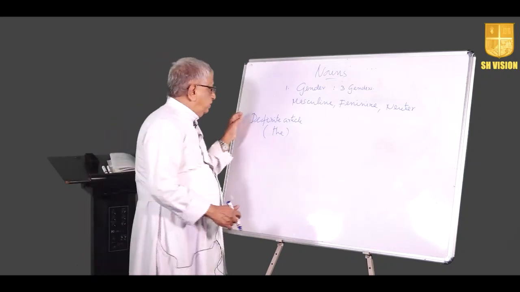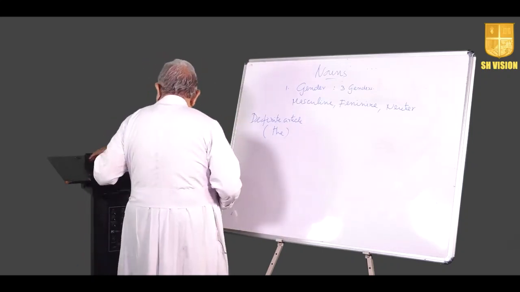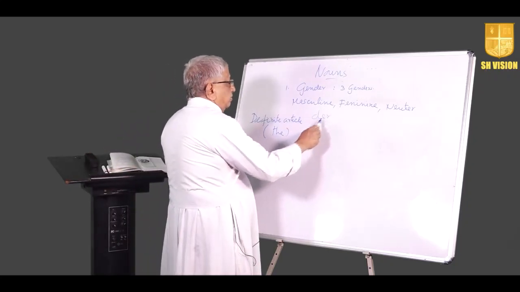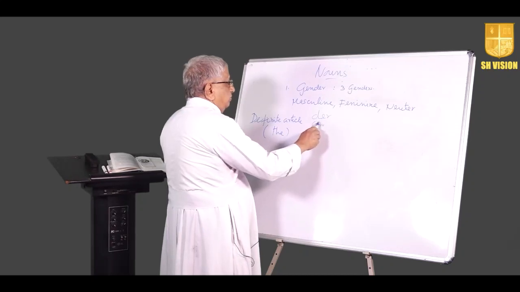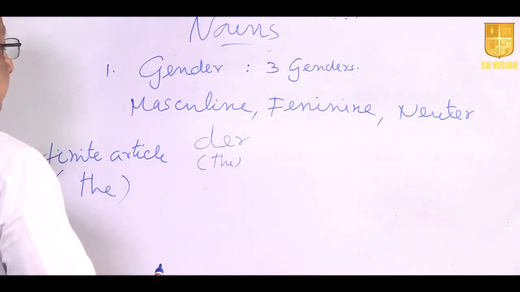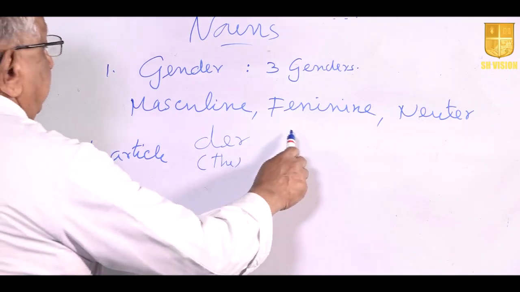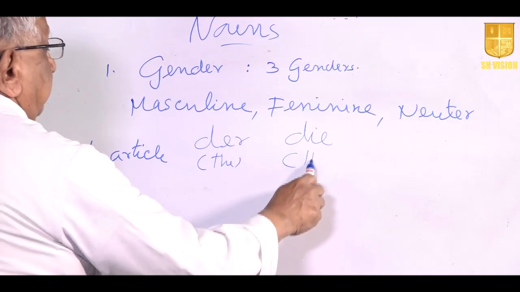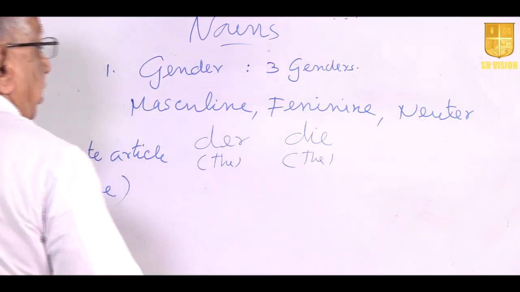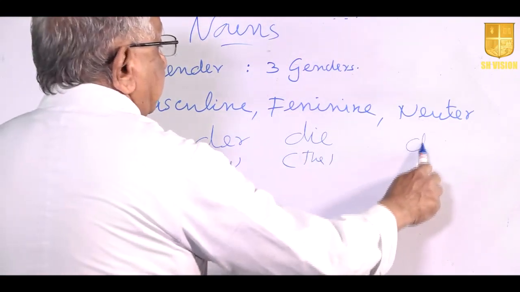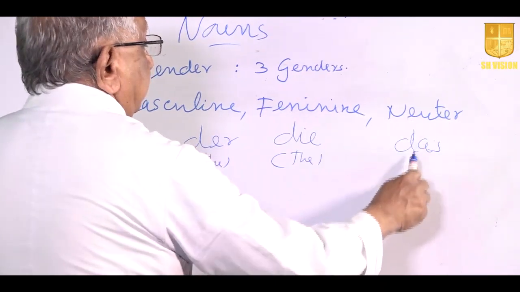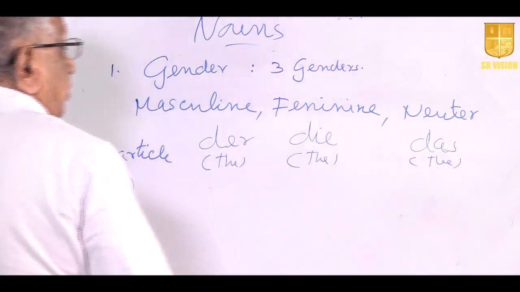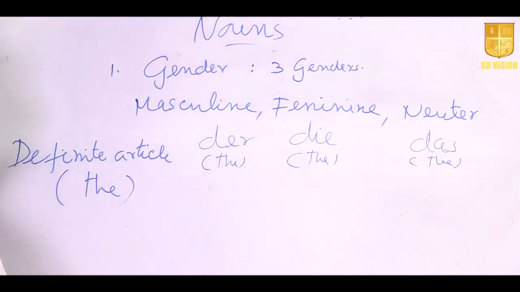So what is the definite article of masculine? That is der. Der, the word meaning is the. And feminine, die. That is also the. And neuter is das. It's also the. So, der, die, das.